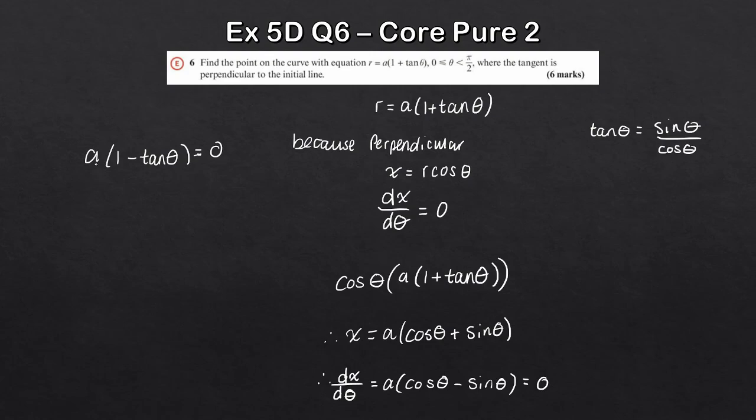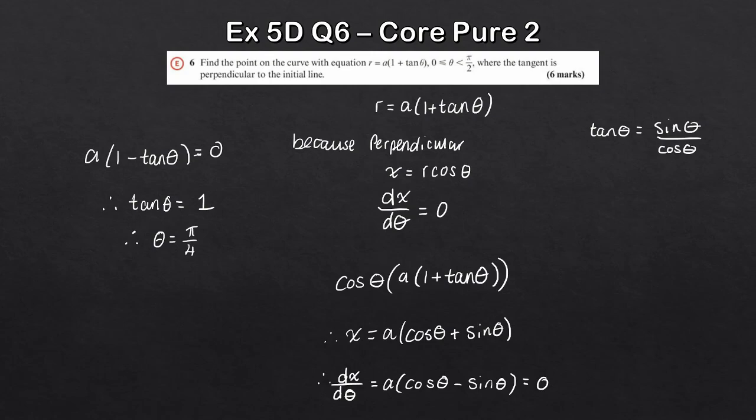If you were to multiply through here by a and then just solve, what we would end up with is that tan theta is equal to 1. Nice and easy to solve this. You should be absolutely confident with this. You'll get theta is equal to pi over 4.